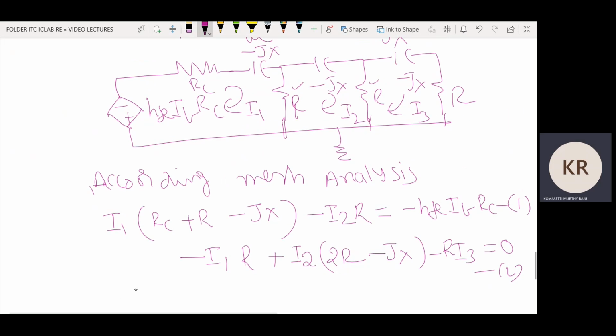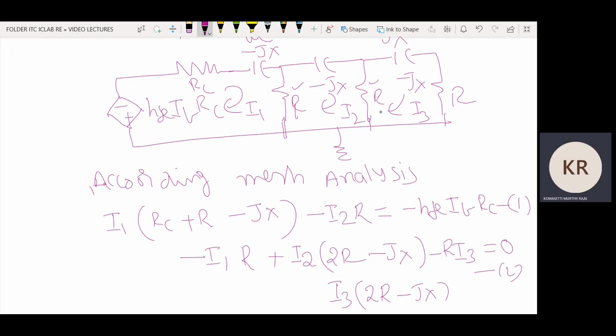Consider the third loop. In the third loop, two resistances are there, values are R and minus jX. Here I3 into the sum of these two resistances, 2R minus jX.